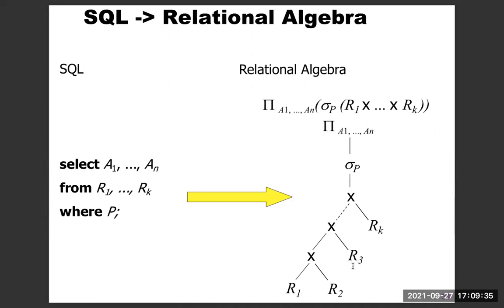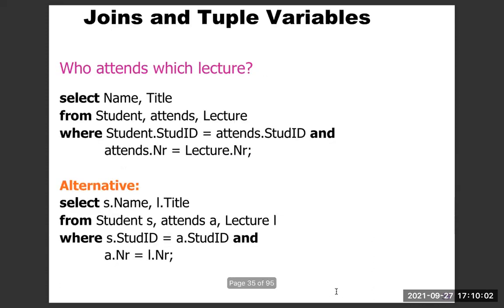Optimizers may choose the order of Cartesian products. They may push some predicates down this tree. If I have a condition that may be checked for the relations, then I may push the part of the predicates that checks conditions with them down here. That would be efficient. We may add 4 tables in the from list.